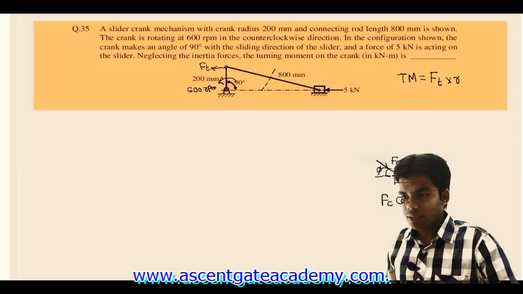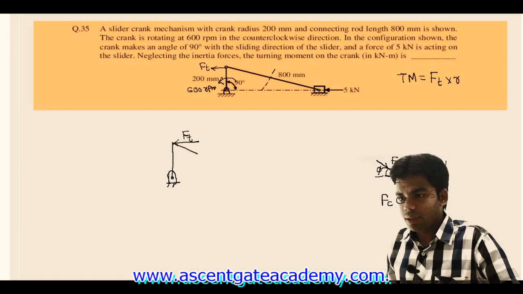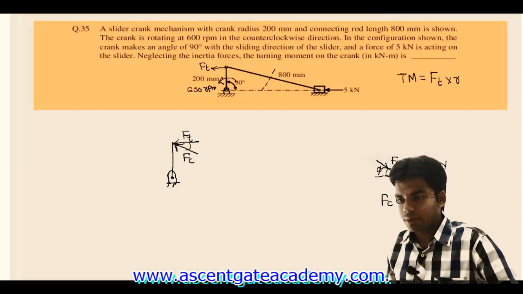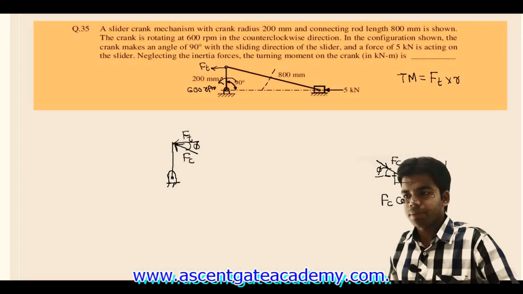Now, this part, the second part. Ft will be acting here, the crank effort, and Fc, the connecting rod force, is acting here. So first we have to determine the relation between Fc and Ft. This angle is suppose phi.